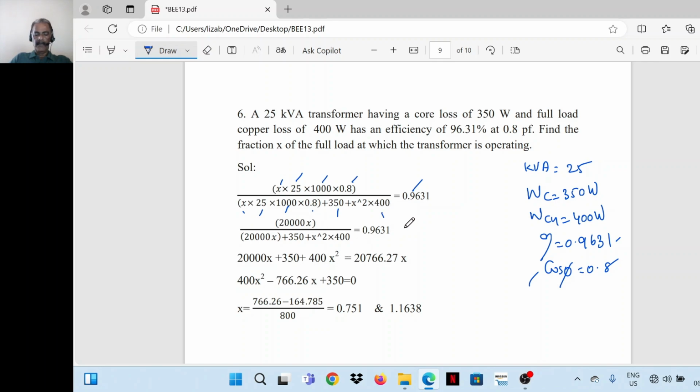So solving this, we can find out the value of x. 20,000 x divided by 20,000 x plus 350 plus x square into 400 is equal to 0.9631. Simplify to this form, so we get a quadratic equation. Solving, we get 0.751 and 1.163. That is 75% of full load and 116.38% of full load, for which the efficiency is 0.9631.